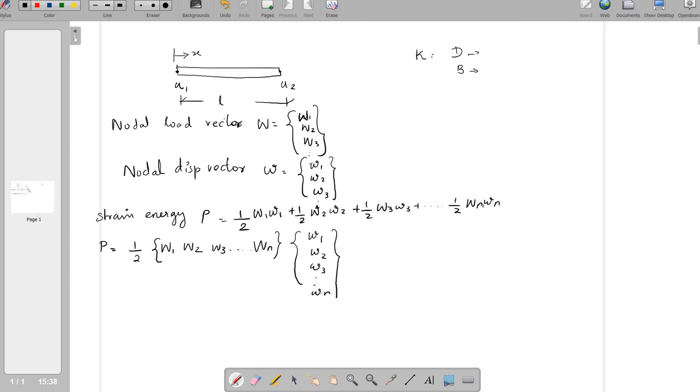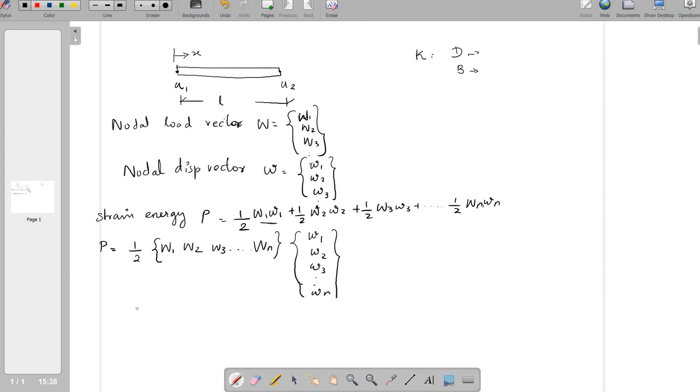So if you multiply the first value, capital W1 with a small w1, you will get the first term. So half the horizontal arrangement of nodal load vector and the vertical column arrangement of nodal displacement vectors. So initially we have defined the nodal load vector into a column arrangement.